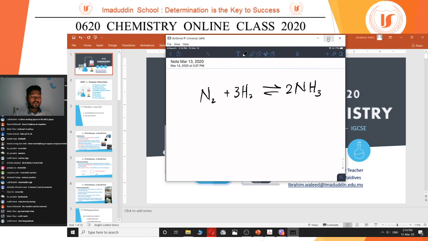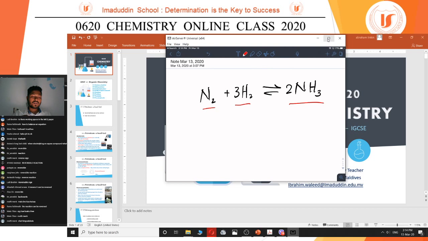Now the reaction can go forward as well as backward, but at a certain time the amount of ammonia formed might be higher than the hydrogen and nitrogen. This is what we say when the equilibrium is shifting.